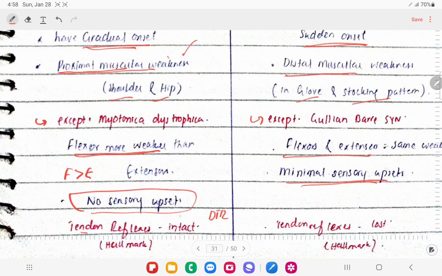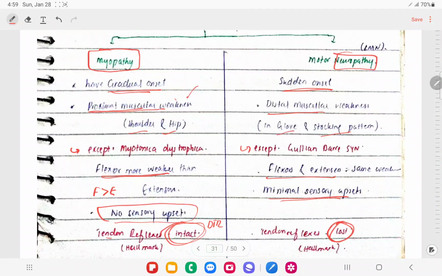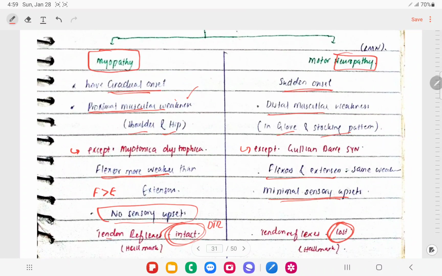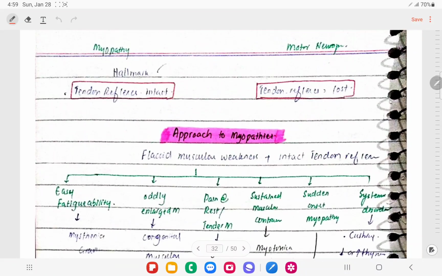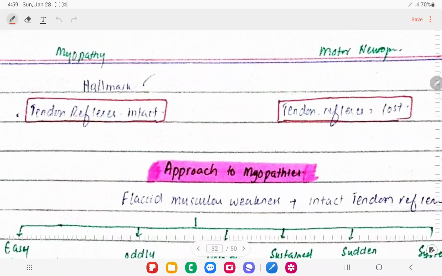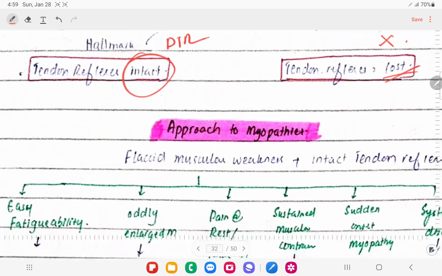In myopathy the reflexes remain intact, while these are lost in neuropathy. So to differentiate between myopathy and neuropathy, we can check the deep tendon reflexes.